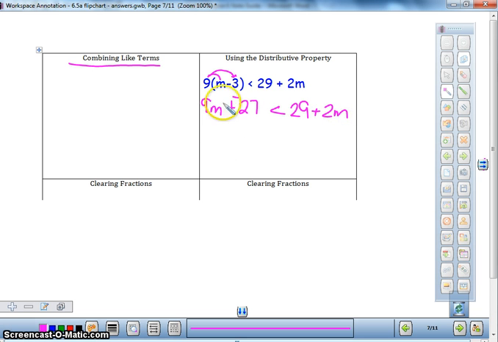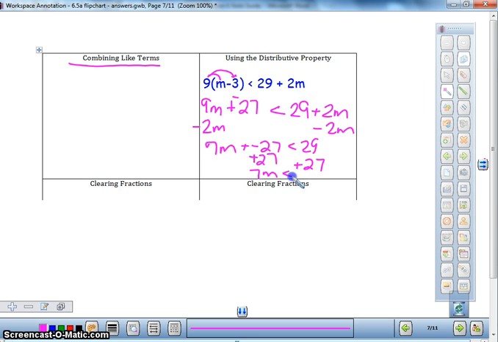Since I always want my variables to come first, I am going to subtract 2m. Usually I'll just subtract the smallest, which in this case is the 2m. I'm left with 7m plus a -27 is less than 29. I am now adding 27 to both sides of my inequality.